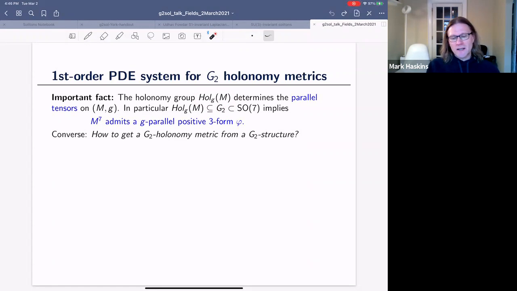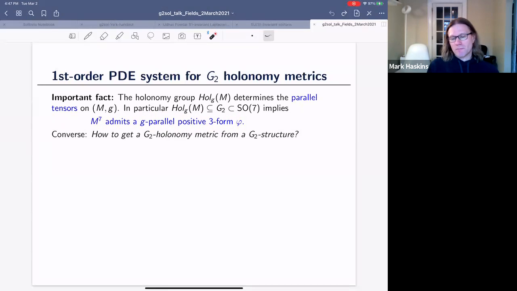In particular, if I have holonomy inside of G2, then this three form, which is invariant under G2 by its definition, will get turned into a parallel positive three form. So if I have a G2 holonomy metric, then I'll have a positive three form, but it will actually be parallel.